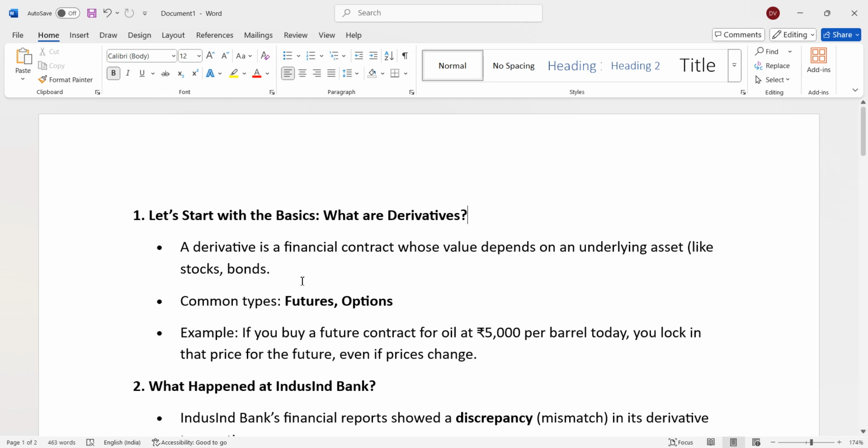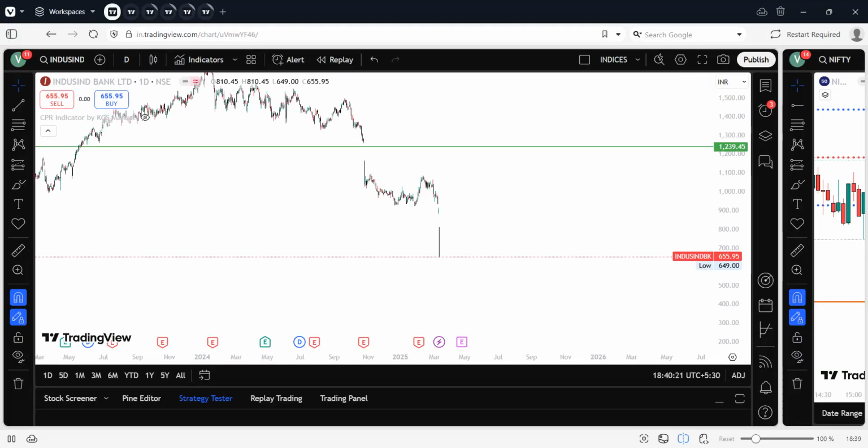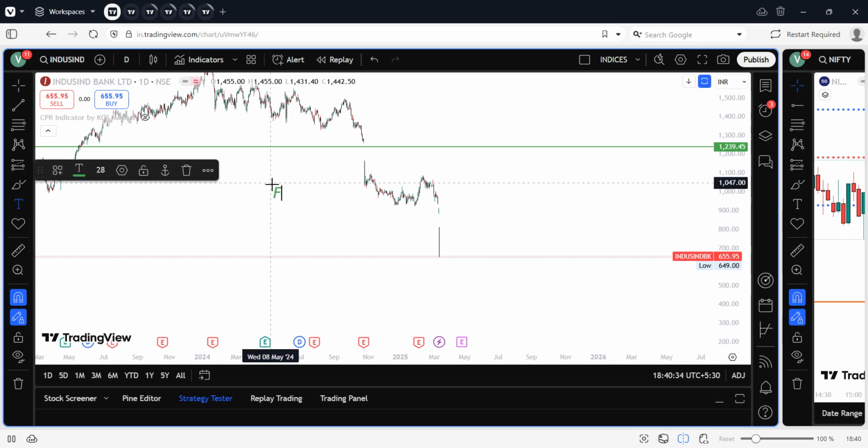For example, IndusInd Bank, you can see this is the stock of IndusInd Bank, which is the underlying asset. On this underlying asset, we can purchase futures and options. Futures and options are called derivatives.